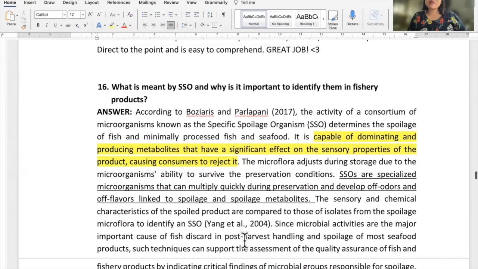Next is, what is meant by SSO and why is it important to identify them in fishery products? SSO stands for specific spoilage organism.